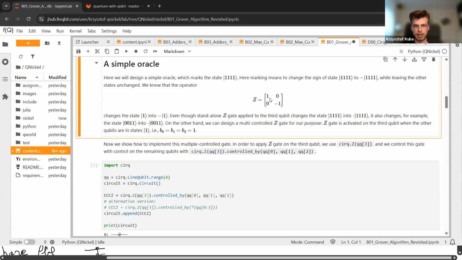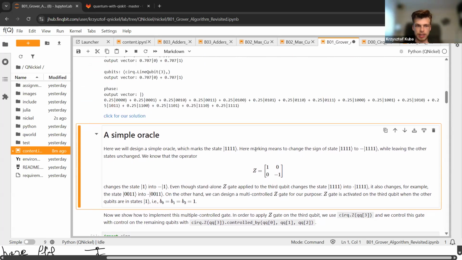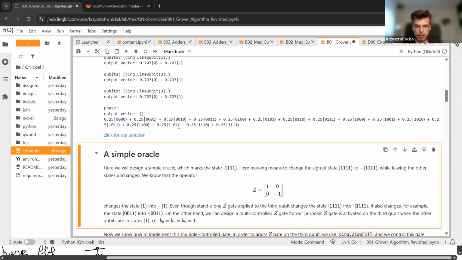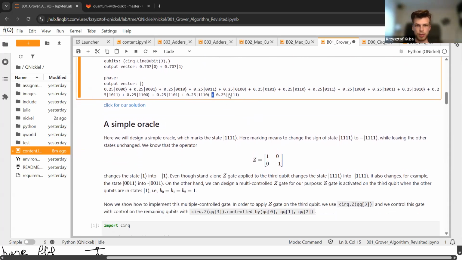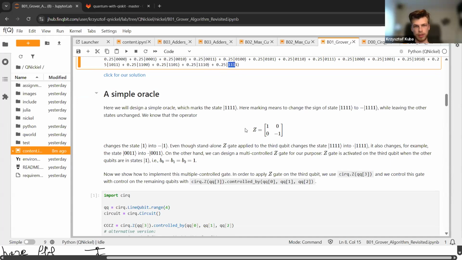And this simple Z operator will not be enough, because it will change the state of all those states where there's a 1 at the end, which is not what we want. We would only flip this state. So we should apply a controlled Z operator that flips the phase only if all the first 3 qubits are 1.